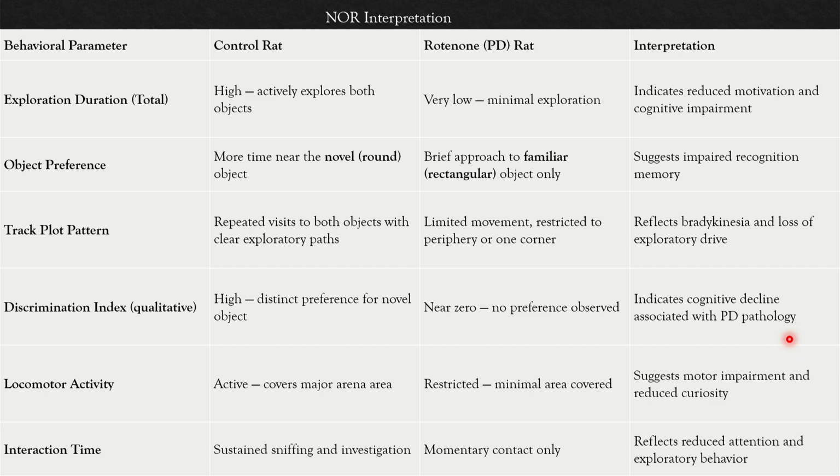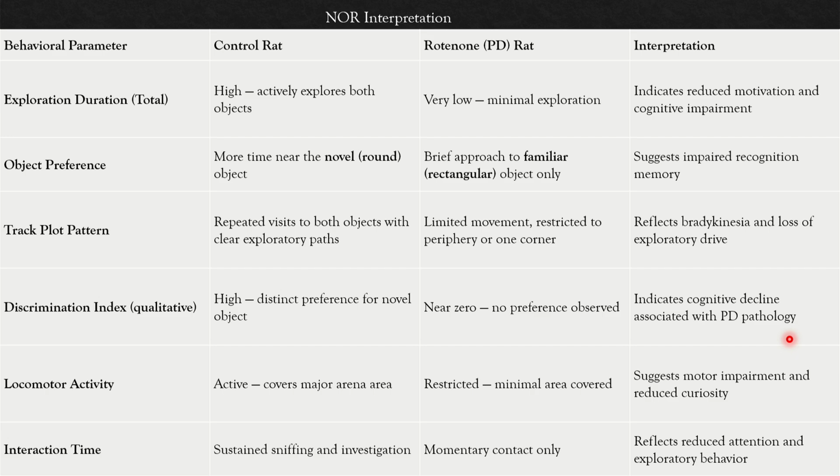These are the various parameters that will be evaluated using the novel object recognition test. The first one is the exploration duration, which is high in control rats because they actively explore both the objects, and in PD animals it will be low, which tells us that there's reduced motivation and cognitive impairment in those rats.